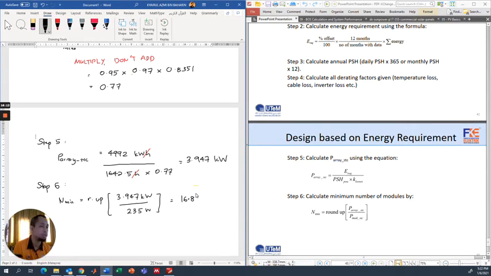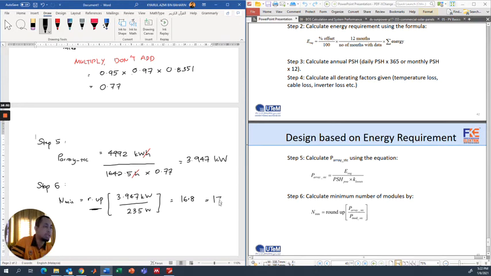And remember, we don't have decimal points for modules. Either we have 16 or 17. So which one? We need to use 17 because 3.947 is the capacity required, and it is equivalent to 16.8 modules. If we use 16 modules, then we have less than the capacity that we want. So we need to choose the nearest one above. That's why we use the term round up here.